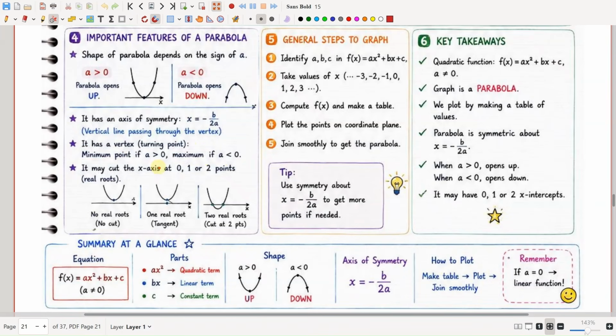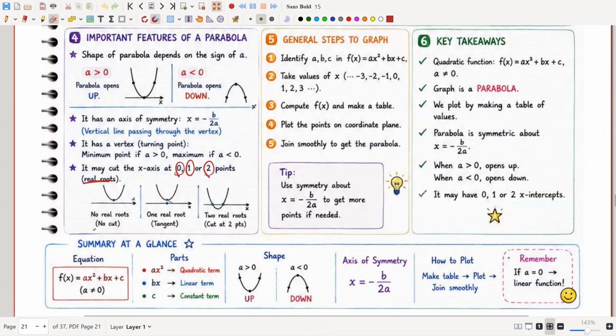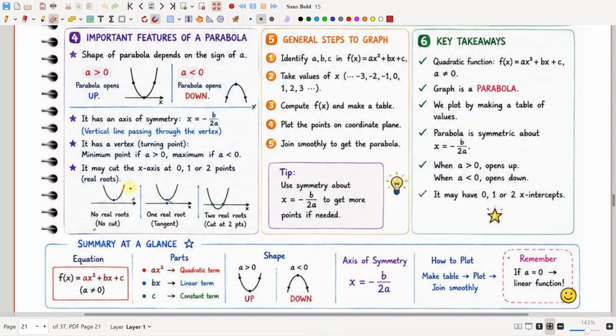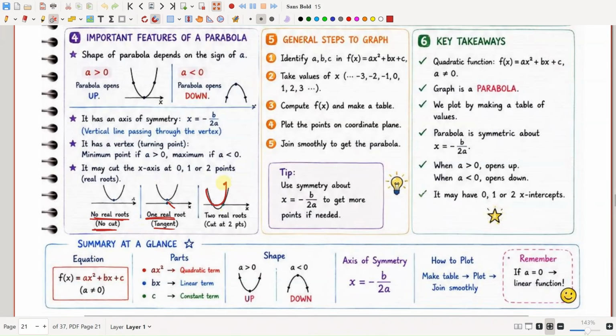A parabola may cut the x-axis at 0, 1 or 2 points, and these correspond to the real roots. See here, if it doesn't touch the x-axis at all, with no cut, there are no real roots. If it is in a tangent position, then there is one real root. If it cuts at 2 points, then there are 2 real roots.